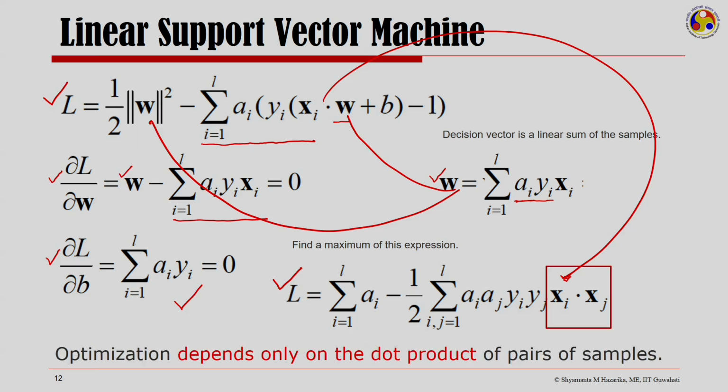Now, this optimization is interesting to note for the very fact that the optimization only depends on the dot product of a pair of samples, and this is a very, very interesting realization.